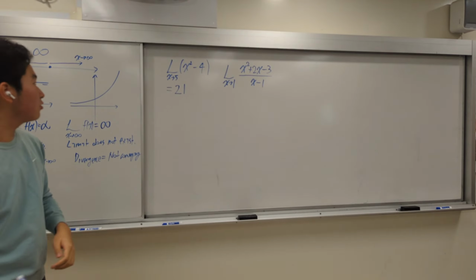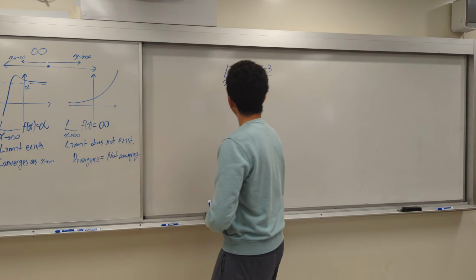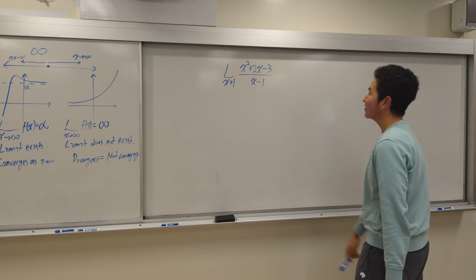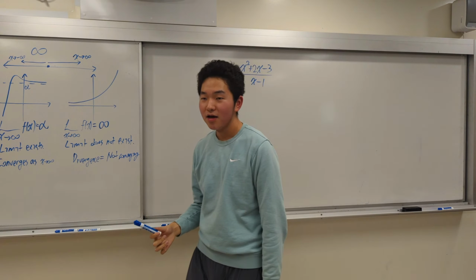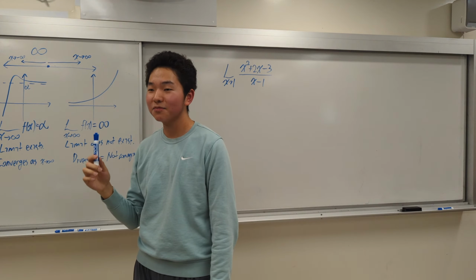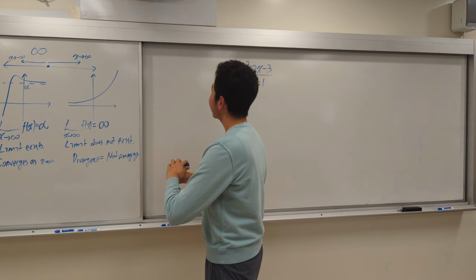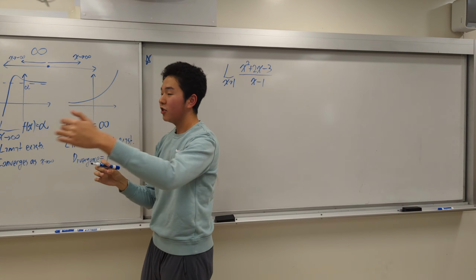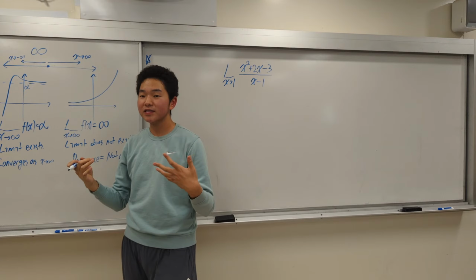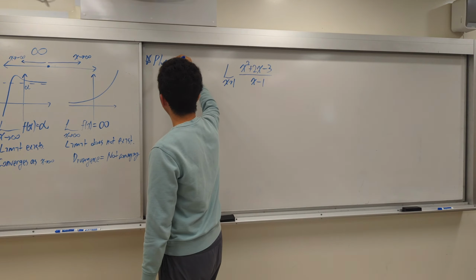Okay, so this one, limit x goes to 1 of x squared plus 2x minus 3 over x minus 1. The first instinct might be to plug in, and that's actually a very good thing, okay? I'm going to emphasize this a lot. The fundamental action that you should be doing when you first see a limit is to plug in. Plug in first.